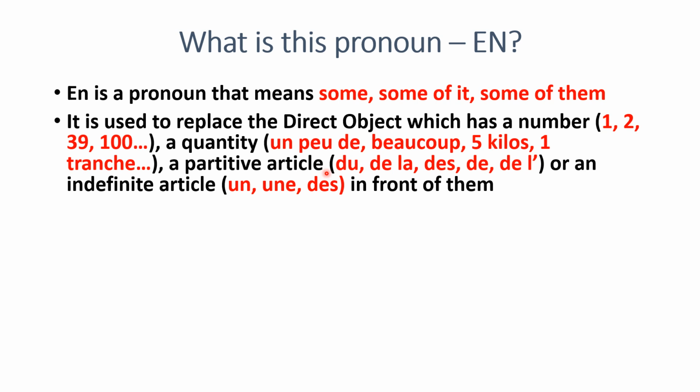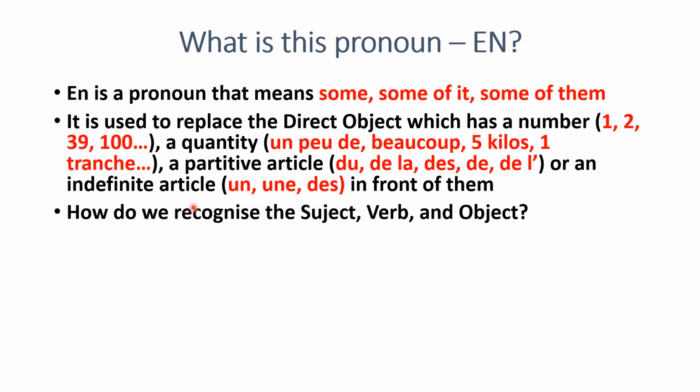Or a partitive article, du, de la, de. Or an indefinite article, un, une, des. So if any of these categories of words, numbers, quantity, partitive article, indefinite article, come in front of the direct object, replace the direct object with en.